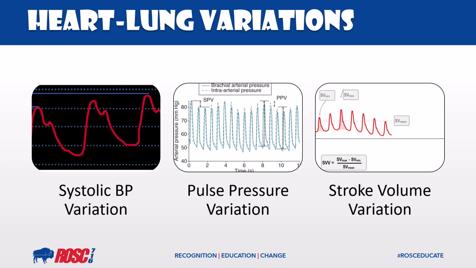If you think about it, the only goal of volume resuscitation during shock is to improve stroke volume and cardiac output. Otherwise, there's negative consequences of giving fluid to patients that don't need it. We're going to discuss this in much more detail in the next critical care shock session on volume resuscitation and fluid responsiveness.